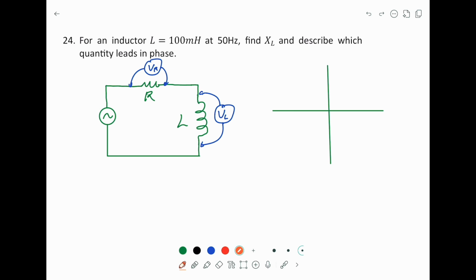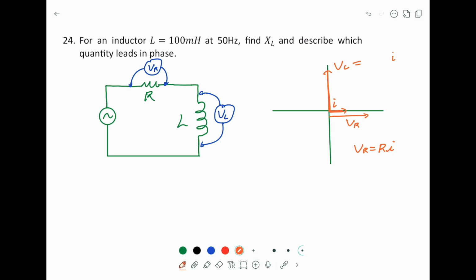On the RL circuit, again the current passing through the R and the voltage across the R are in phase, and the proportional constant is R. However, the voltage across the inductor leads the current by 90 degrees. Now again, this voltage is proportional to the current, even though it leads the current by 90 degrees.